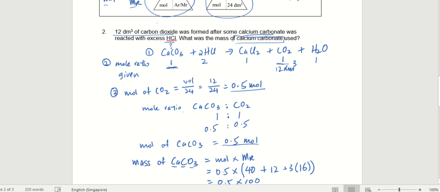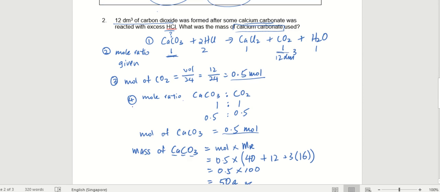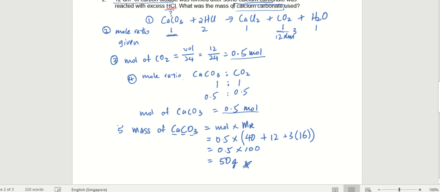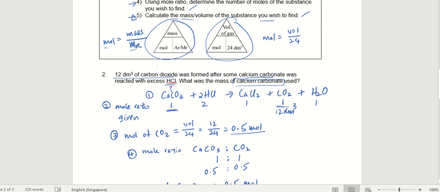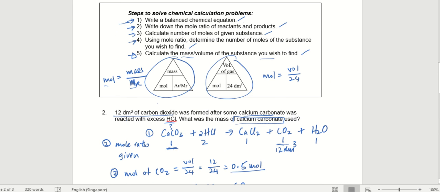We then use the mole ratio to find the mole of the unknown, which is step number 4. And we lastly solve the problem with step number 5. So you can see that this is a very systematic way of solving problems involving chemical calculations.